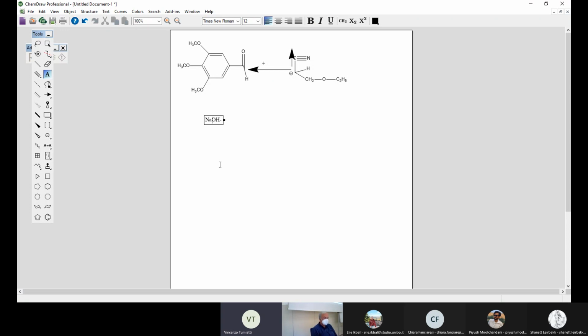You know ammonia, another base, perhaps less strong than sodium hydroxide. But in this case, these two bases are not able to take away this proton. We need a stronger base. How is it possible to have a stronger base?